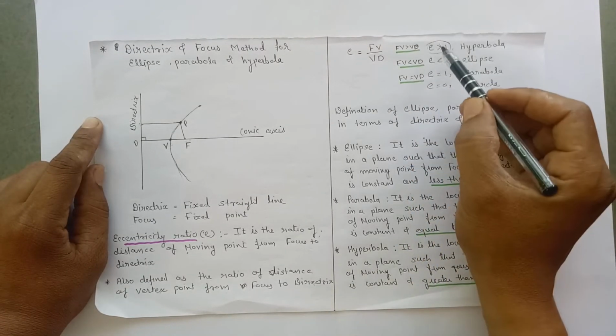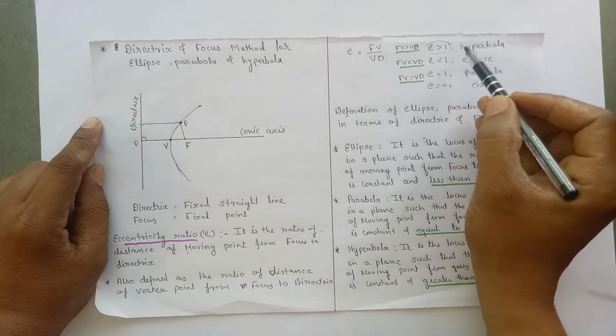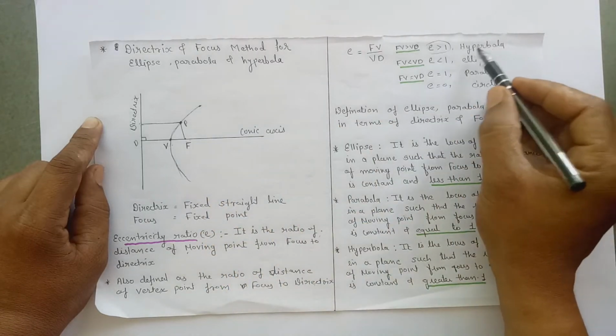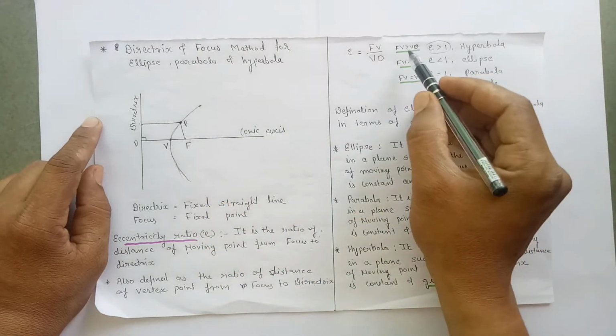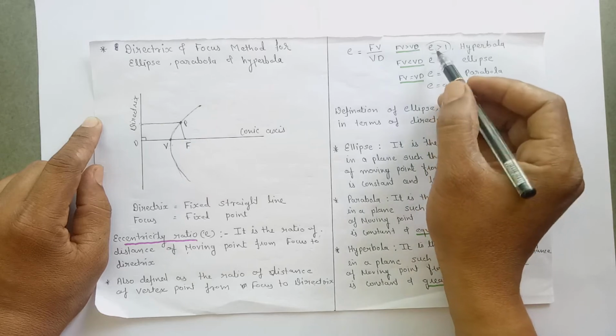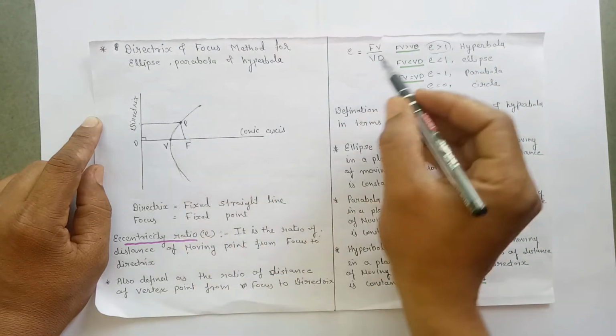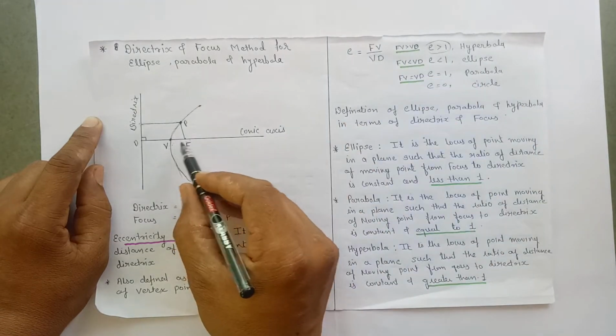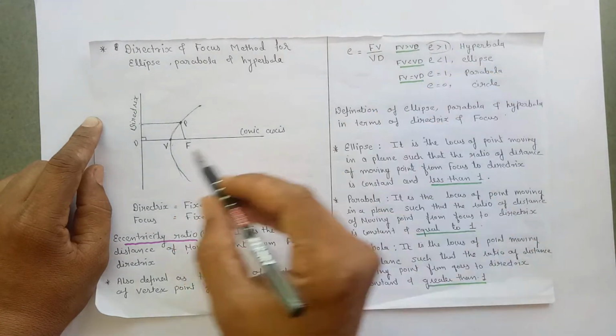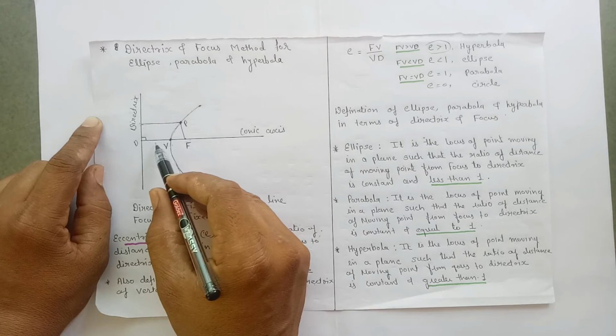Now if this eccentricity ratio is greater than 1, the curve generated will be hyperbola, and we can say that the distance of focus to vertex is greater than the distance of vertex to directrix.